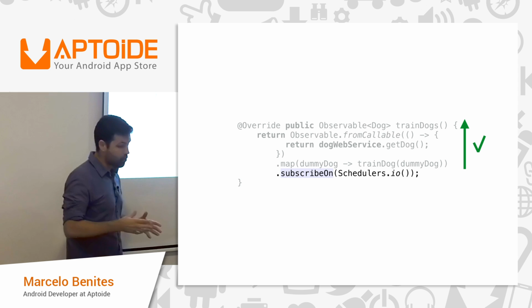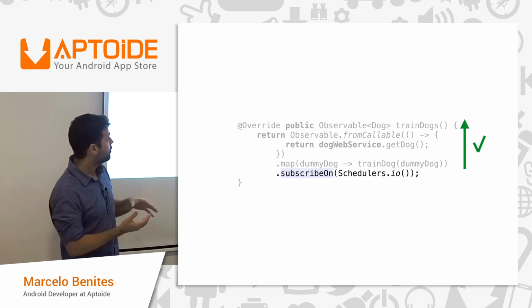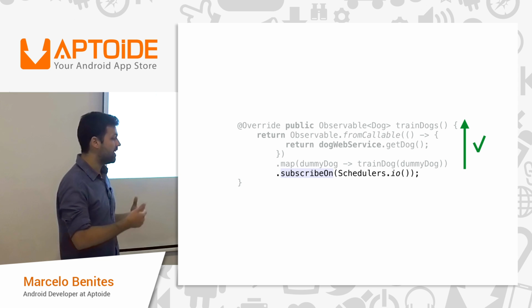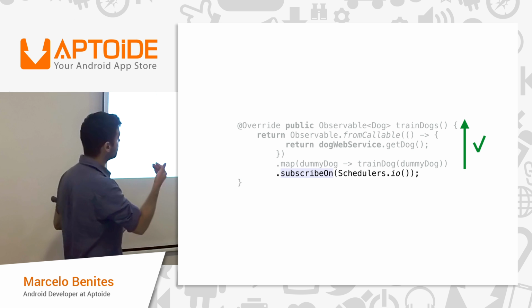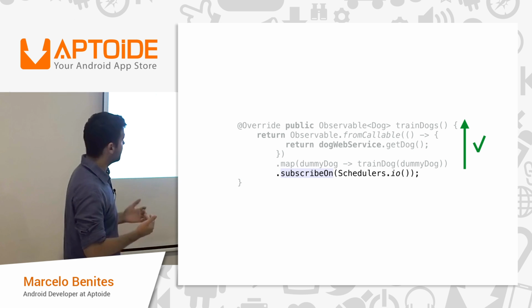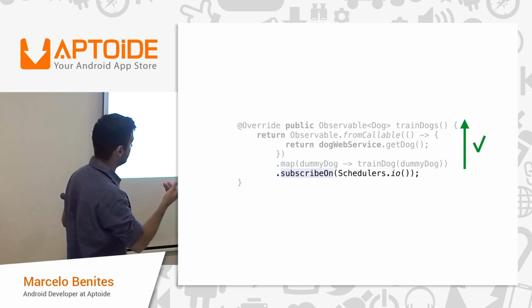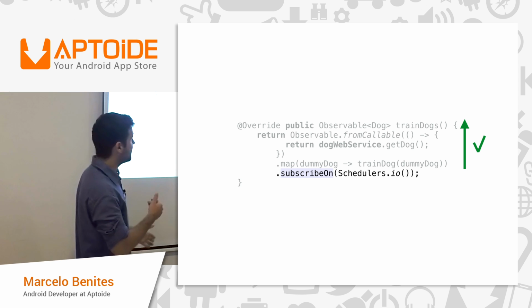What subscribe on does is say in which scheduler our chain is going to begin operating. You cannot be sure that all these operators are going to operate in the I/O scheduler, but it's going to begin. So the from callable is going to occur in the I/O scheduler, but it can be changed.